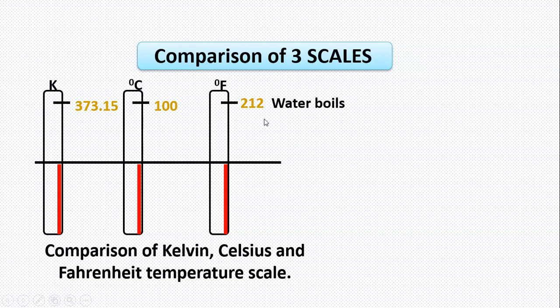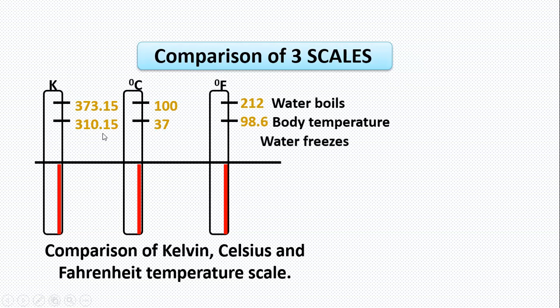Now, the body temperature of a human being is 37 degrees Celsius. It is 98.6 Fahrenheit, and it is 310.15 Kelvin.